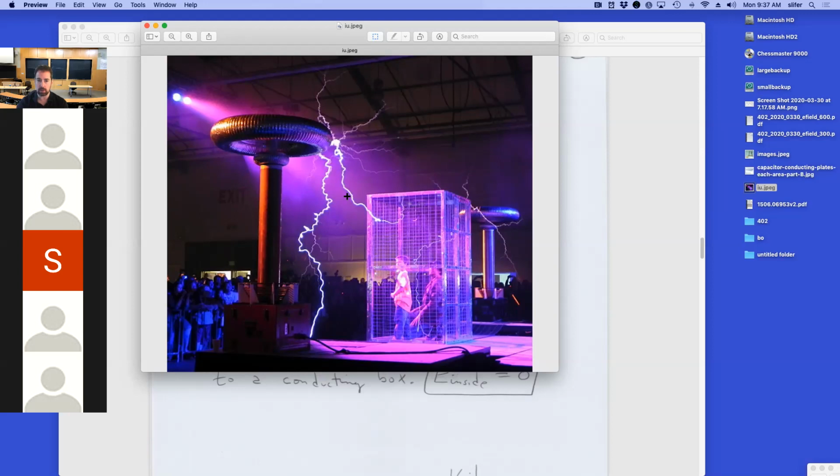So what you have here is a lightning strike, a huge amount of charge being deposited on the outside of this conductor. The kid happily is inside, safely protected from that huge amount of charge, because all of that charge is going to flow on the surface, and the electric field inside this conductor is zero. That's what's known as a Faraday cage.